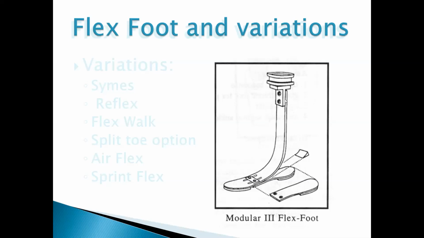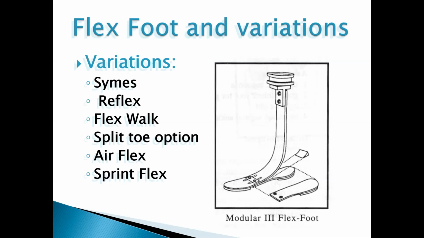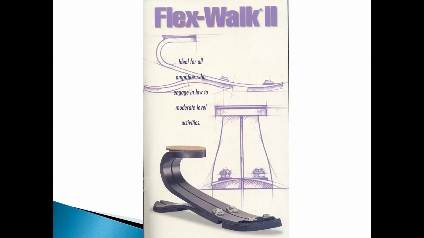This is a long strip, usually of very stiff carbon fiber, sometimes metal, but lately it's more carbon fiber, so it's light, and it just extends the spring. Remember, the longer the spring, the more the potential for deformation. The more the potential for deformation, the greater the potential for energy return. And there's a bunch of variations, which I'll show you pretty briefly.